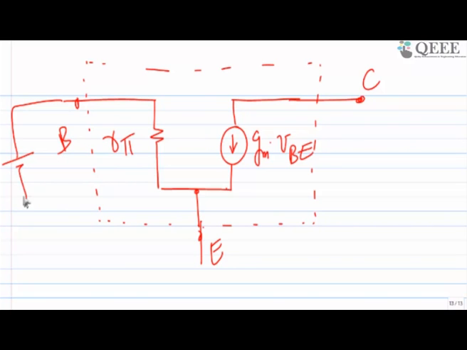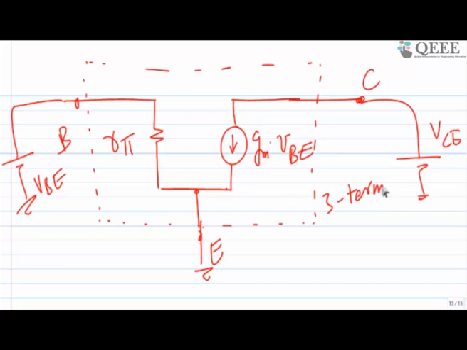Here I am applying VB. I can apply VC here, and the other terminal to ground, or whatever you want to apply around this box, but you can replace that 3-terminal BJT with a 2-port network, which is Y parameter based.